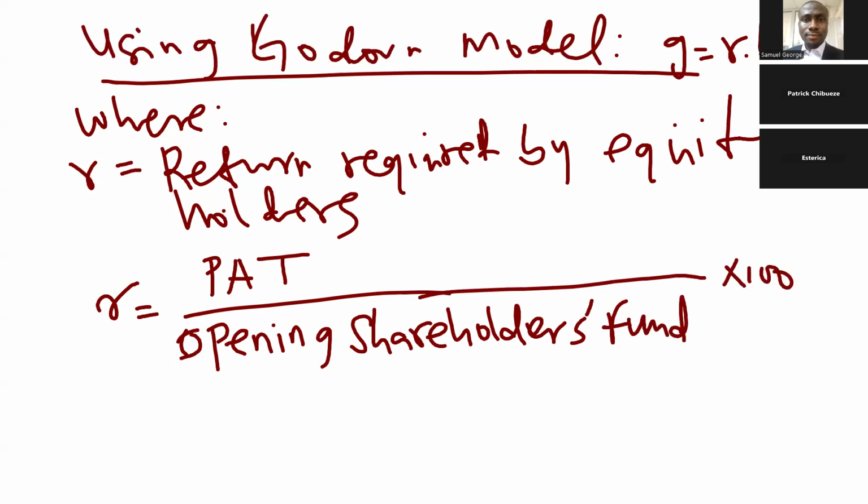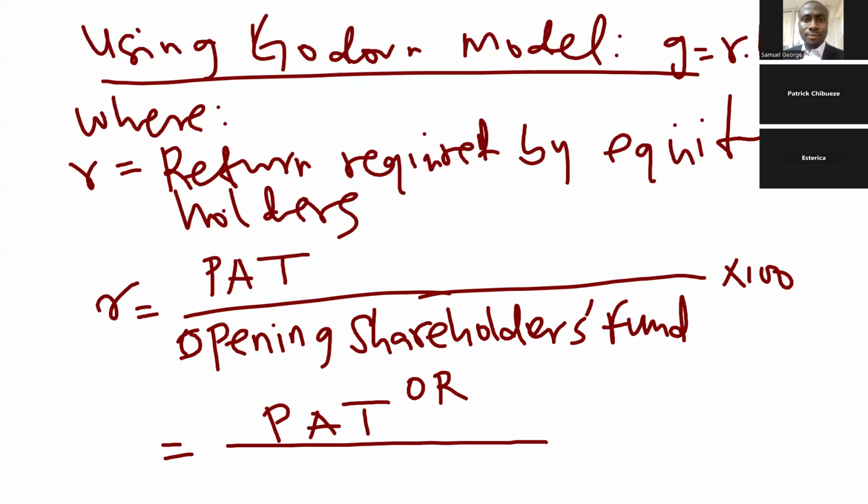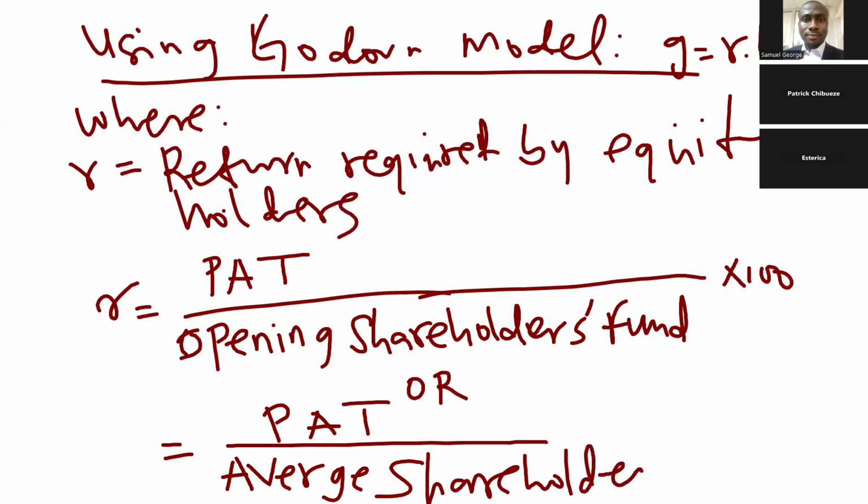Or we use this formula: profit after tax divided by average shareholders fund.